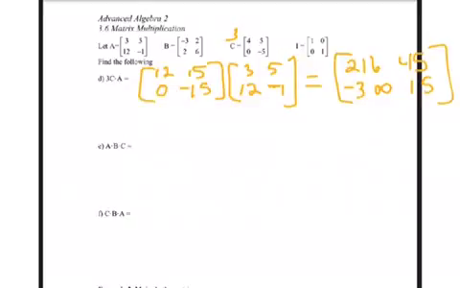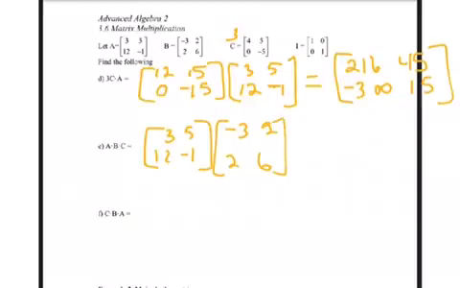Okay, lastly, we're going to look at A times B times C. So I'm going to do these in order that I see them. So I'm going to do the 3, the 5, the 12, the negative 1, and I'm going to multiply that by the negative 3, the 2, negative 2, the 2, and the 6. And then whatever I get from that, multiply it by 4, 5, 0, and negative 5.